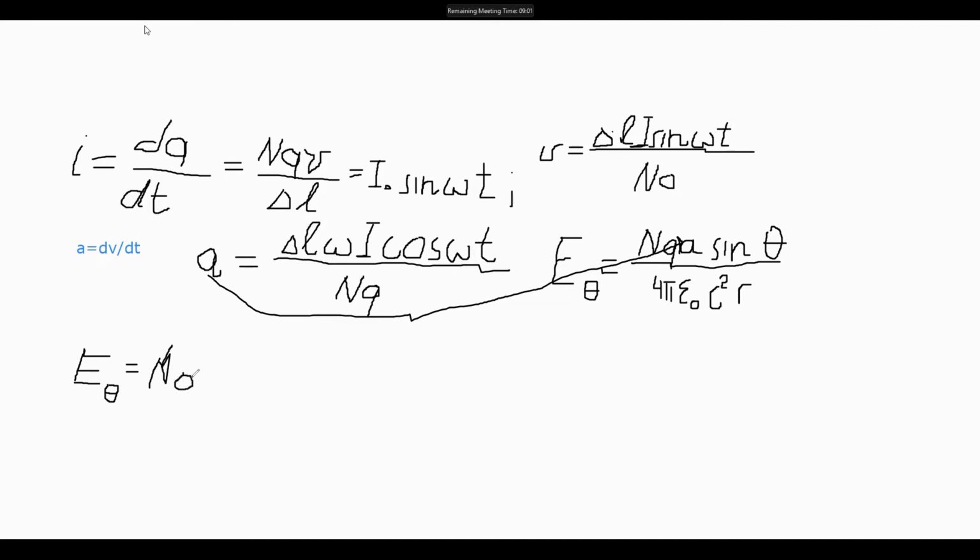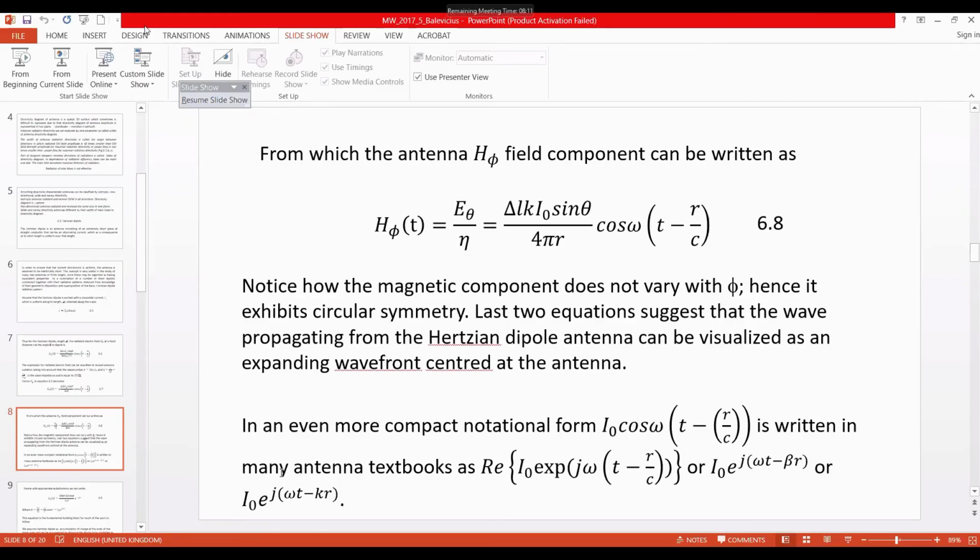Number of electrons multiplied by the charge Q. So if we insert it here, I think that we can find it in our presentation. So now I switch to the presentation. It's not this one. I need to share this one, sorry.